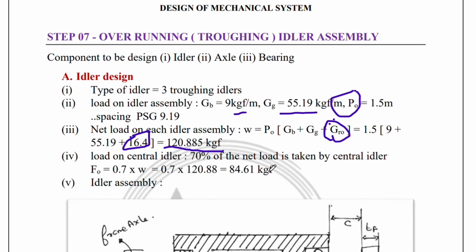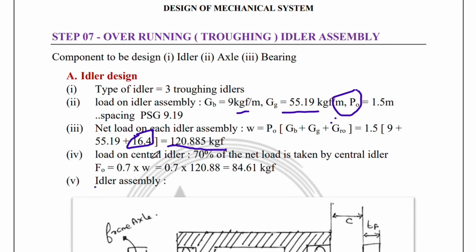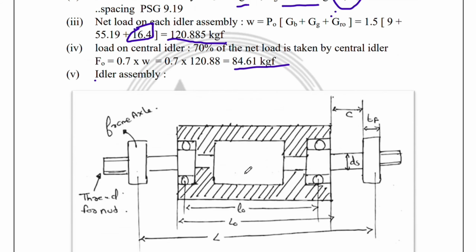So FO is equal to 0.7 into W. W we got here as 120.885, multiplied by 0.7, which will be 84.61 kgf.